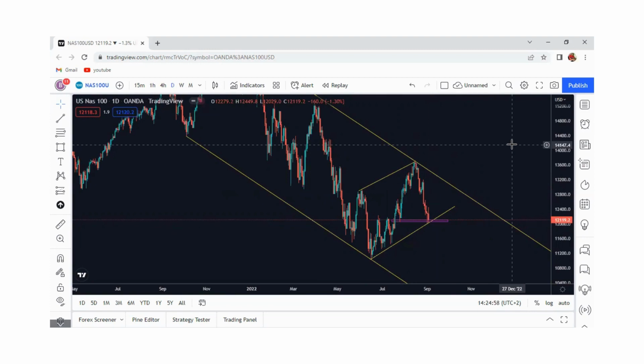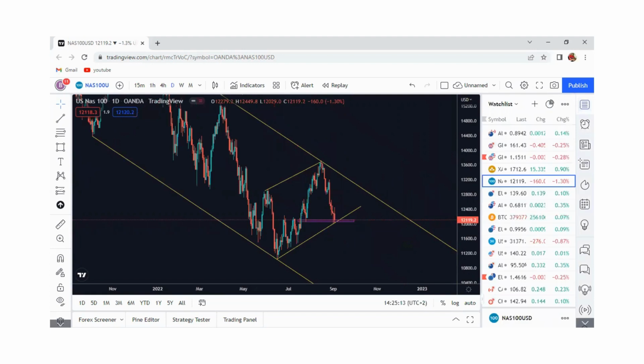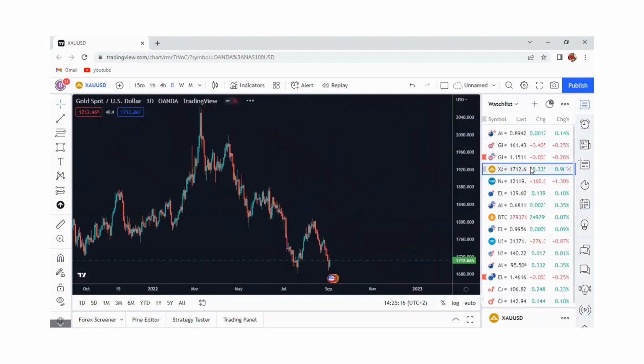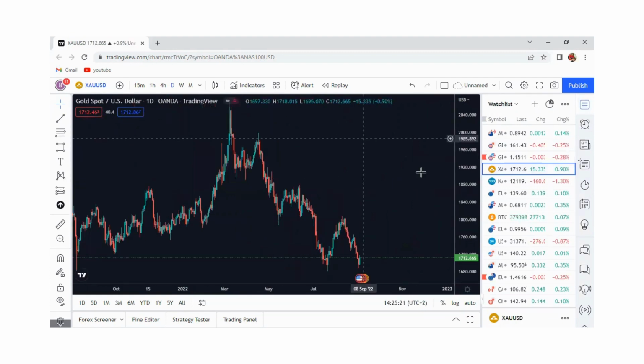Definitely gonna make some money on Nasdaq 100. We've been making some money on Nasdaq. So the next pair we're gonna check is gold. That's the other pair we're gonna check on. It's gold.